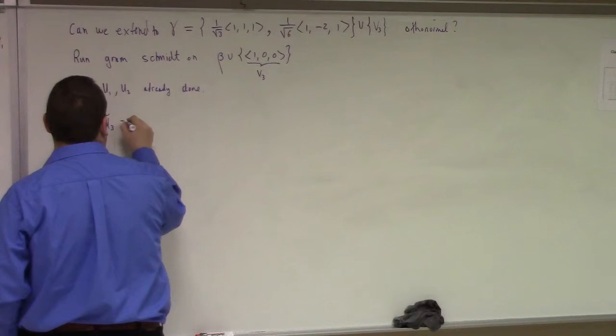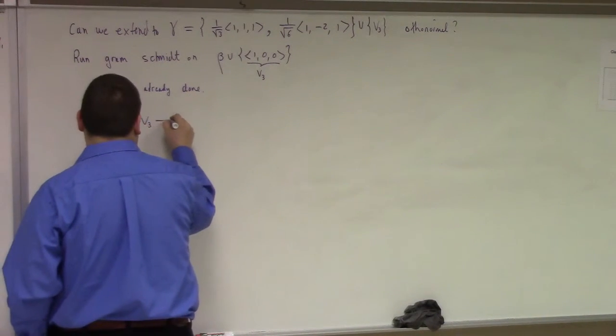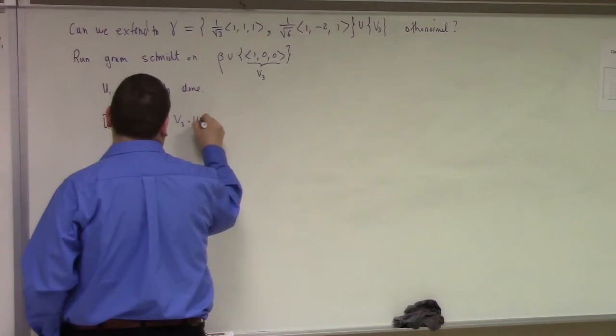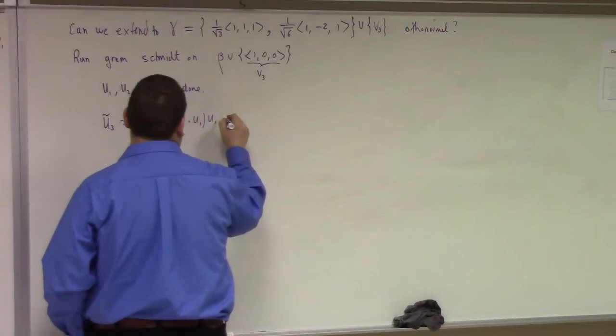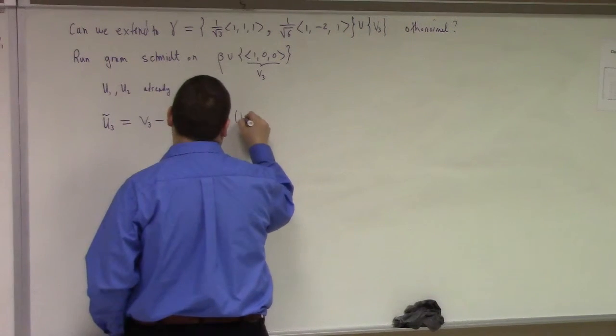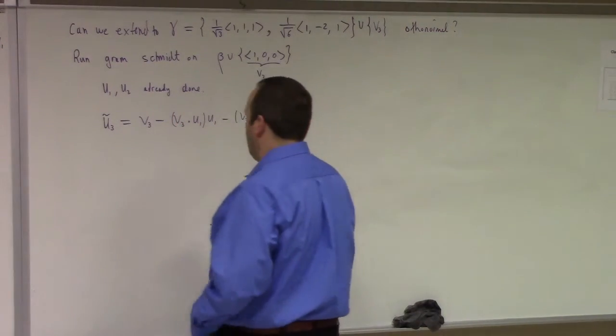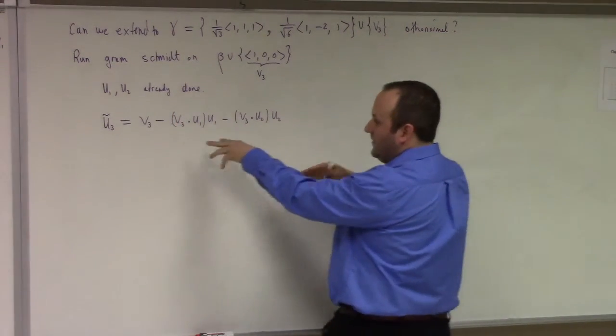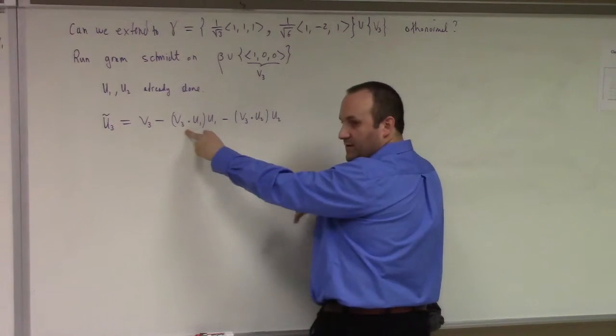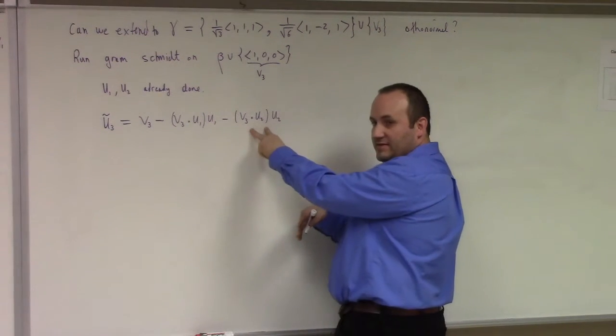How about U3? Well, U3 tilde is going to be the following: V3 minus V3 dot U1, U1, minus V3 dot U2, U2. The order of the terms doesn't matter here. If you have three vectors, you subtract off the piece which is parallel to the first one and the piece which is parallel to the second one.